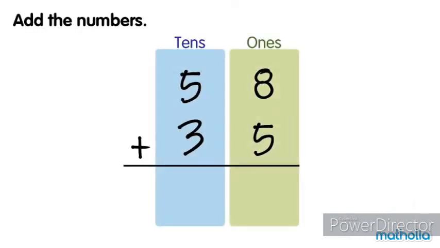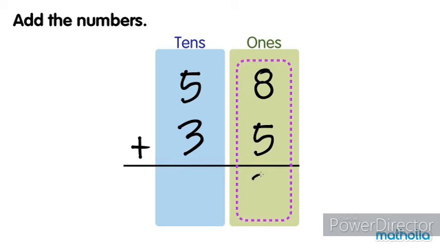Add the numbers. 58 plus 35. Let's start by adding the ones. 8 ones plus 5 ones equals 13 ones. We can regroup 13 ones into one 10 and 3 ones.